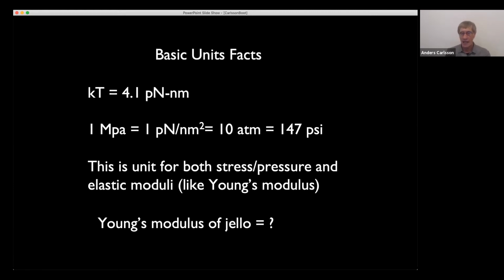So, anybody want to hazard a guess at the Young's modulus of Jello? Just raise your hand or unmute yourself if you have any idea what the Young's modulus of Jello might be. Like 10 kilopascals? Well, that's a decent ballpark.